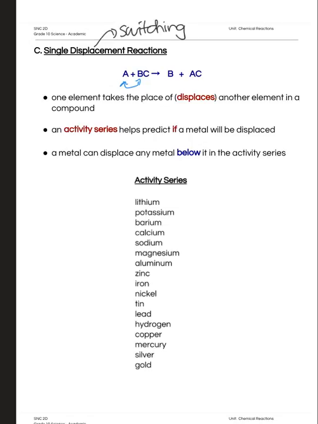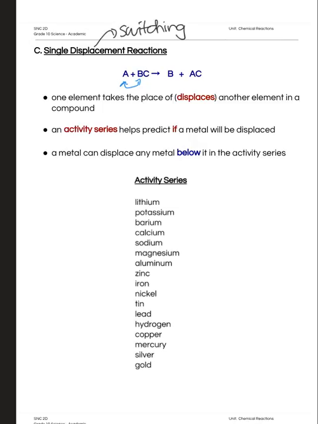In order to predict which element is going to displace, we use something called the activity series. You used an activity series last year in grade 9 when we were talking about static electricity, to see how electrons moved between different things.